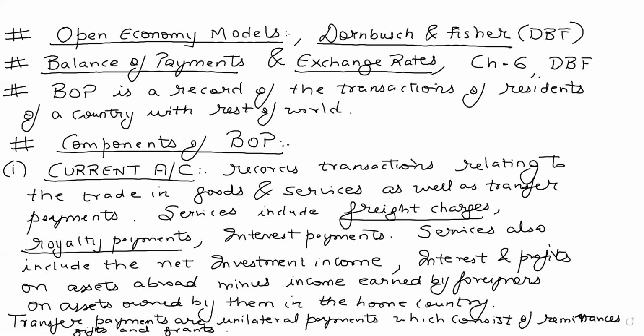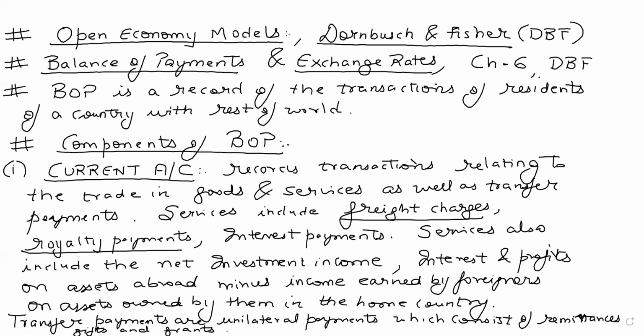Unlike the loan, if an economy is receiving a loan from, say, the World Bank, that loan has to be repaid. So it's bilateral. But if you are receiving a grant or remittances or gifts from your relatives abroad, you don't need to pay them back necessarily. So it's a unilateral or one-sided payment. So all these are a part of current account.